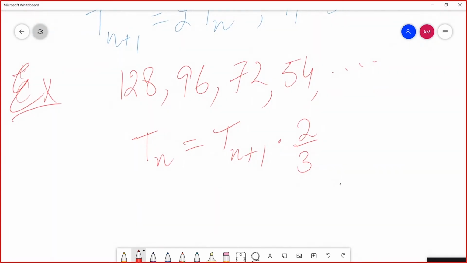Okay. This rule has something inherently wrong, because what it says is that to know the present term, you have to know the future term. It's not possible.